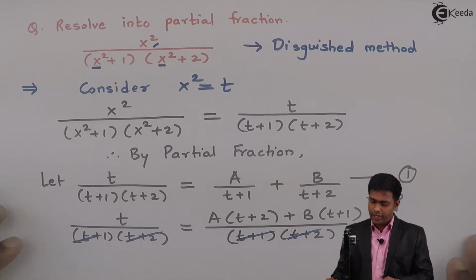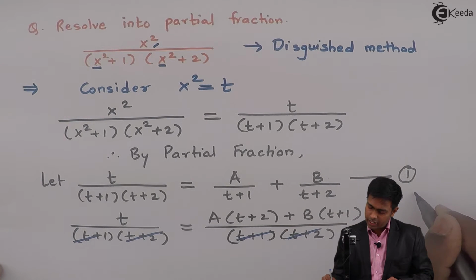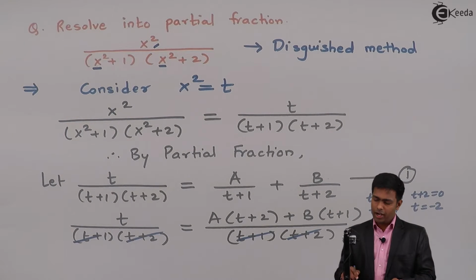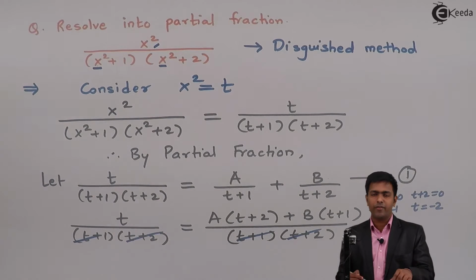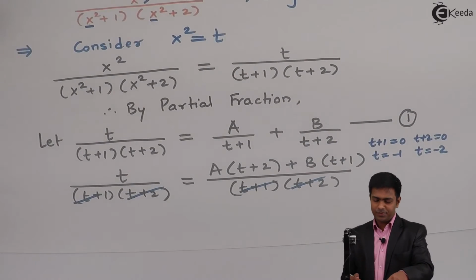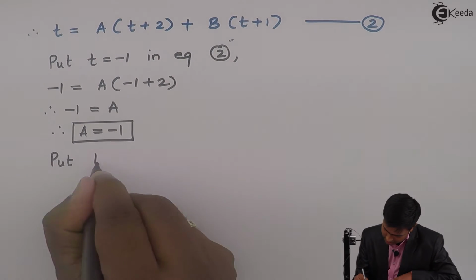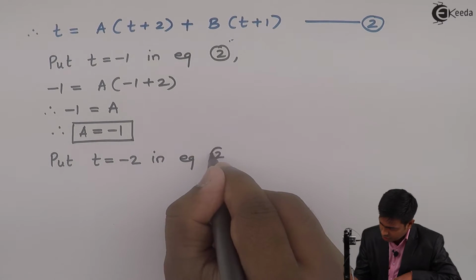Now to find the value of b, we will assume the denominator of b as 0, that is t plus 2 as 0, by which we get t as minus 2. So now we substitute t equal to minus 2 in equation number 2 to get the value of b. So here we say, put t equal to minus 2 in equation number 2.